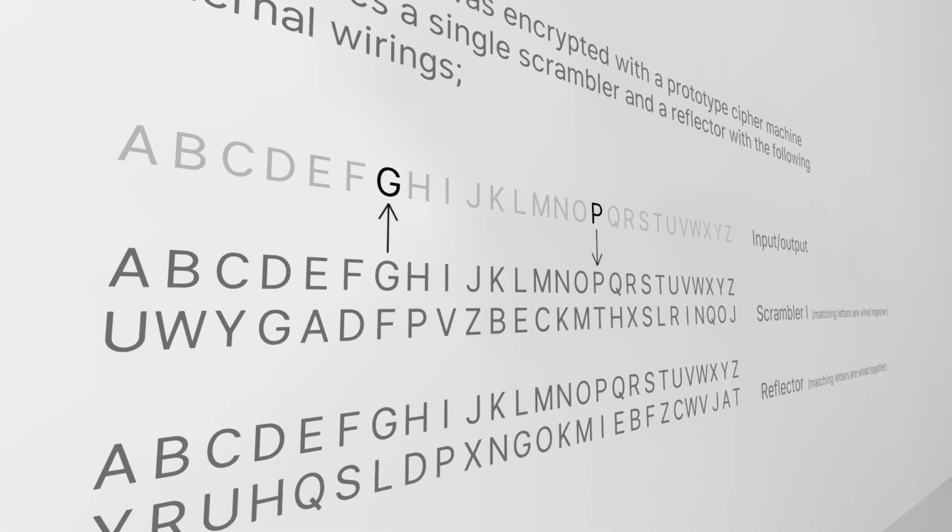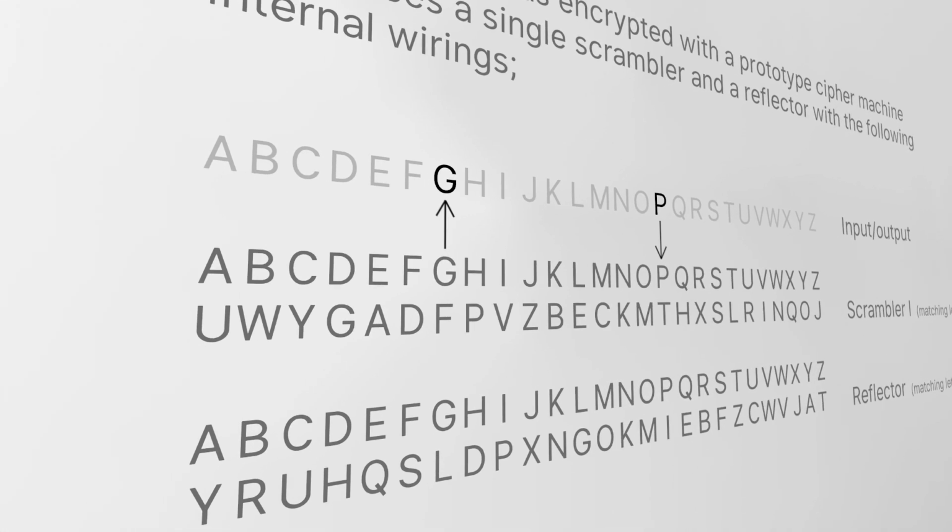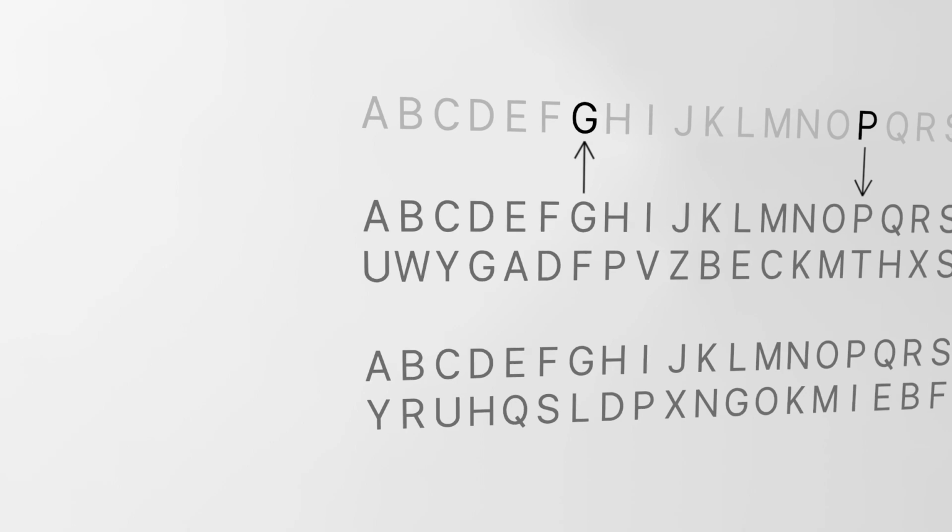But it moved to the left, so it's the 2nd position, which means we came from the 2nd column in the reflector, which means we have an R in the scrambler, and the reflector, again, I'm confusing everything, it's fine.